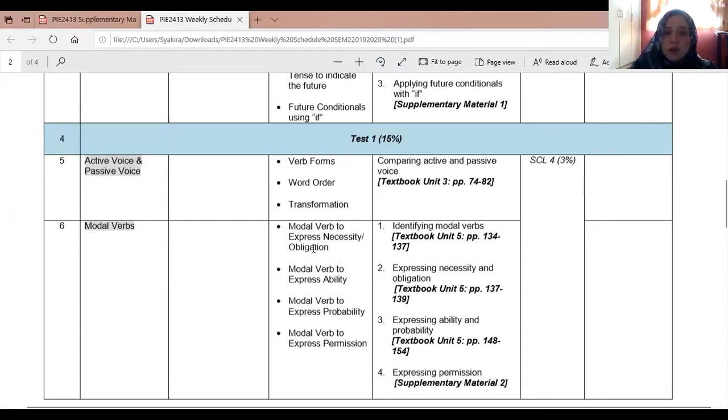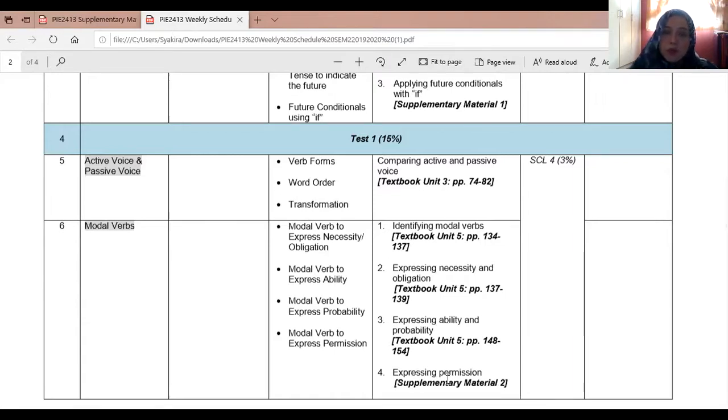The topics are modal verbs to express necessity or obligation, modal verbs to express ability, modal verbs to express probability, and modal verbs to express permission. For permission, we'll be using our supplementary material 2. This supplementary material can be found on Edmodo.